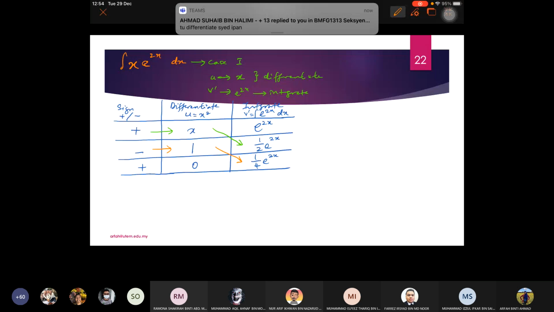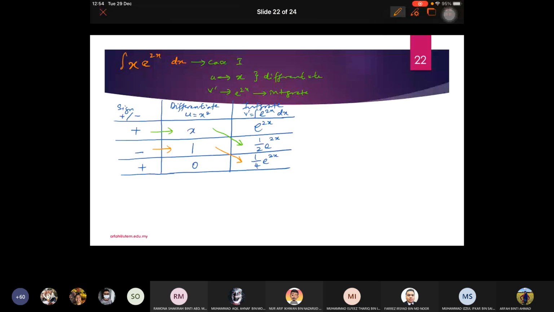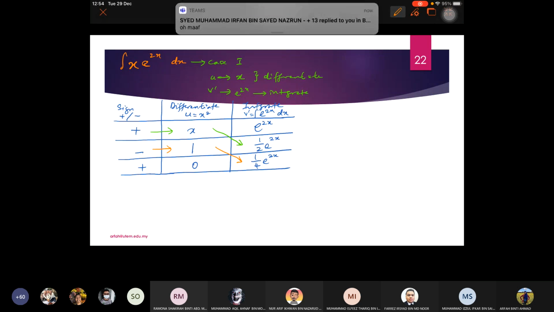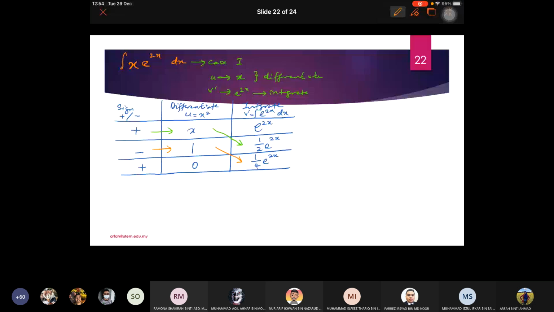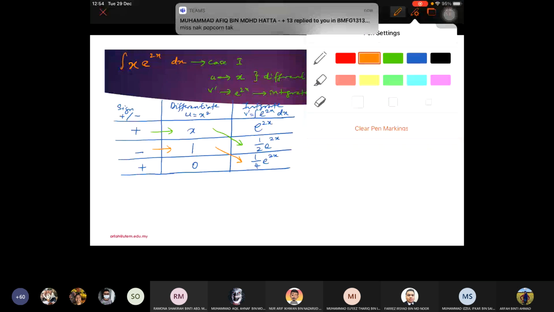To differentiate side Ipan. Apa benda ni? Gaduh ke? Okay. So from here, okay, so from here, ini adalah awak punya, nak popcorn tak?